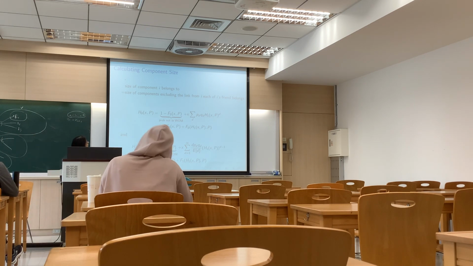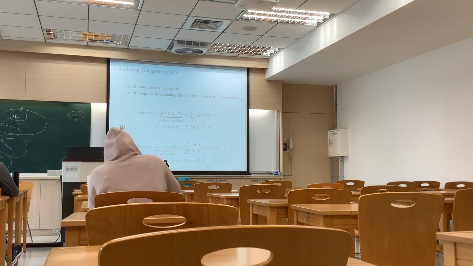Now let me do two things. Let me start with this one, since we're going to do the same self-generation. We're going to use this expression. S delta is the size of the remaining component that J belongs to, excluding this link.